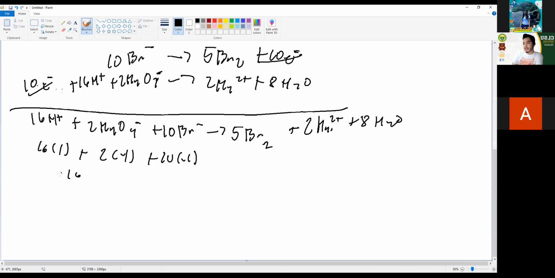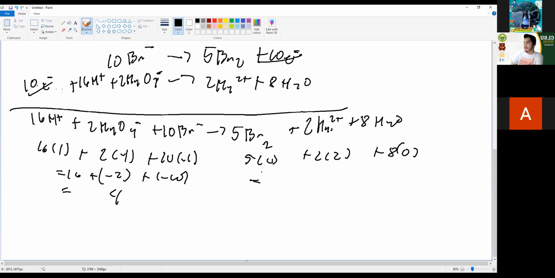So, 16 plus negative 2 plus negative 10. 16 minus 2 is 14 minus 10 is 4. Dito, 5 times 0 plus 2 times 2 plus 8 times 0, so 0 plus 4 plus 0 is 4. So balance. Ang final equation is this one.